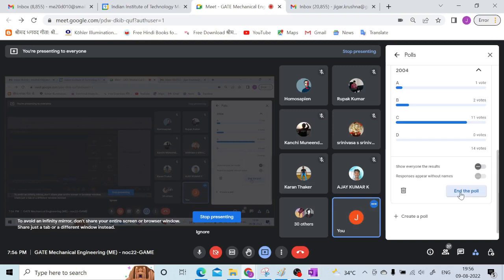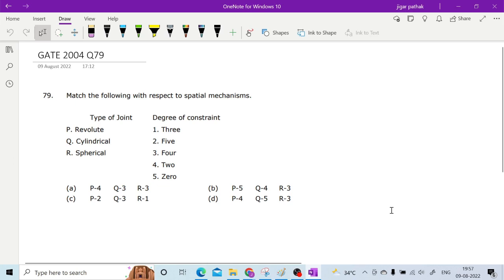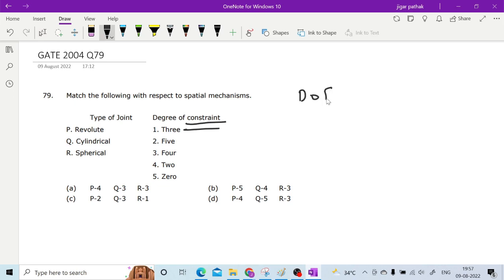Let us discuss. You can see your results. Yes, sir. Now let us see the correct answer. See here, what you are asked is degree of constraint. Whatever we were discussing till now is degree of freedom. So if degree of freedom is 1, degree of constraint is 5.